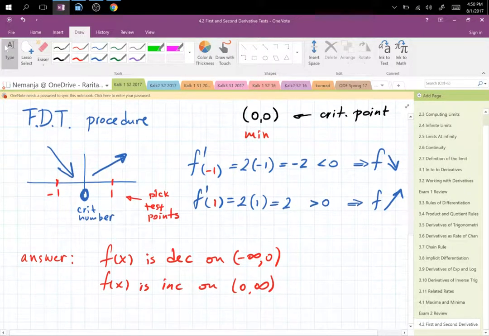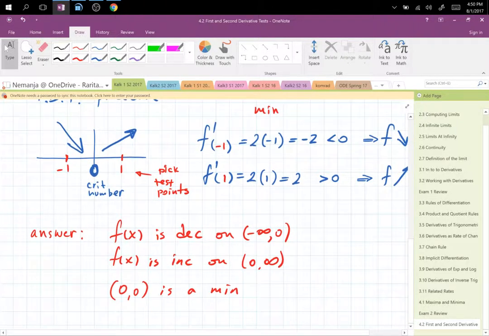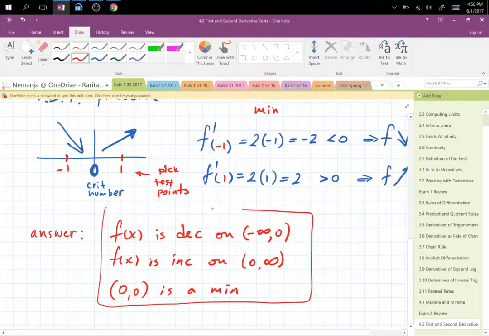And you also include that (0, 0) is a minimum. So this is what an answer looks like. These are all of the things that you can discover using the first derivative test. All of the intervals of increase, decrease, and also because you have that, you know that each critical point is either a min or a max.